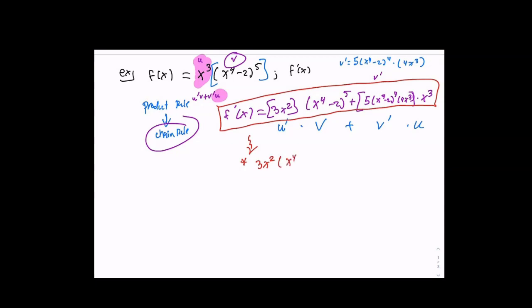This is 3x squared, x to the 4th minus 2 to the 5th power. And I don't have a lot of time to do it step by step, so I'm just going to run through.